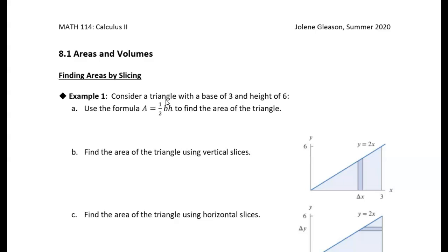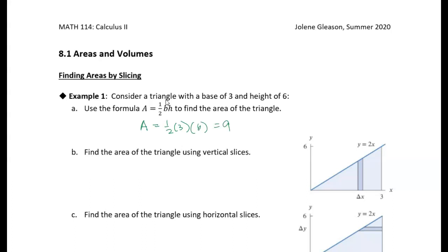We'll start with example 1, where we have a triangle with a base of 3 and a height of 6. Now, you know how to find the area of this triangle, right? Area is just 1/2 base times height. So 1/2 times the base, which is 3, and the height, which is 6, we get 9.